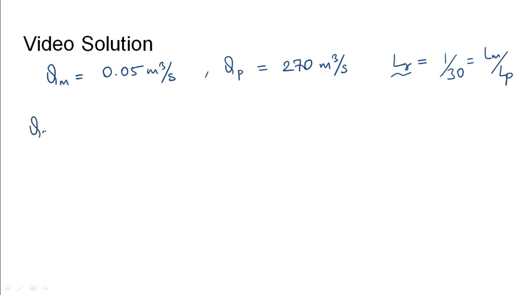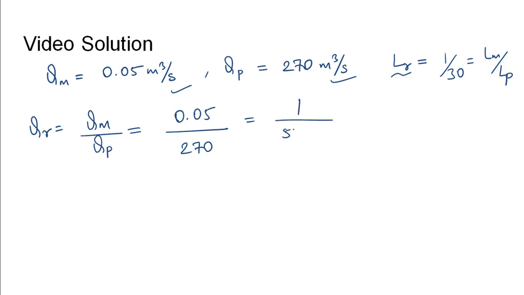So the discharge ratio is the ratio of the discharge of the model to the discharge of the prototype, which would be 0.05 divided by 270. This would give a value of around 1/5400. This is our discharge ratio.